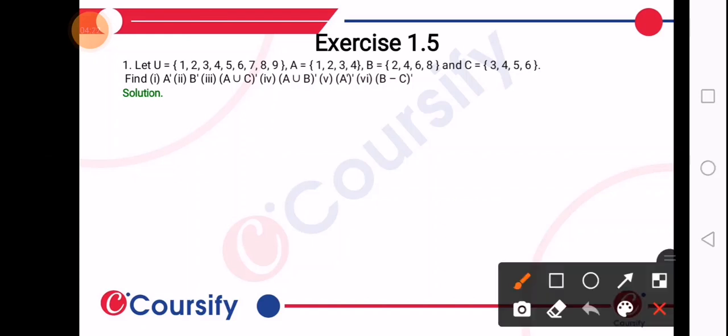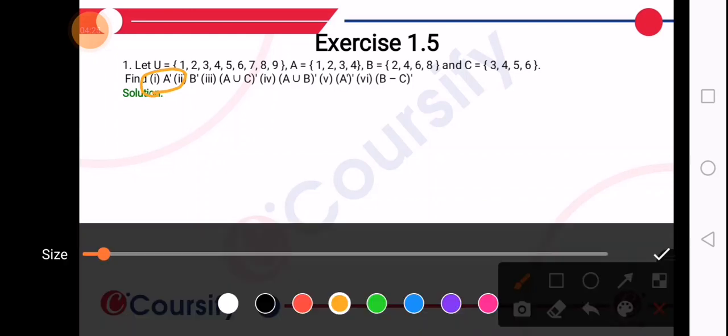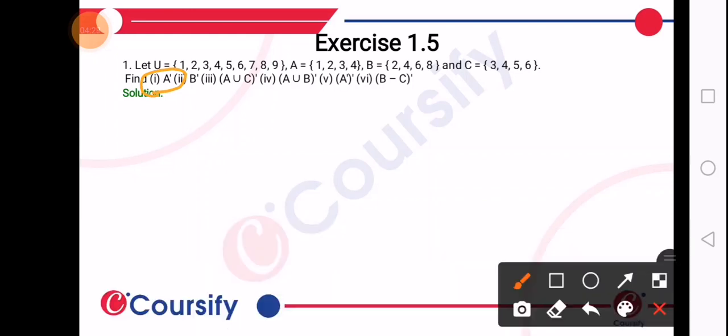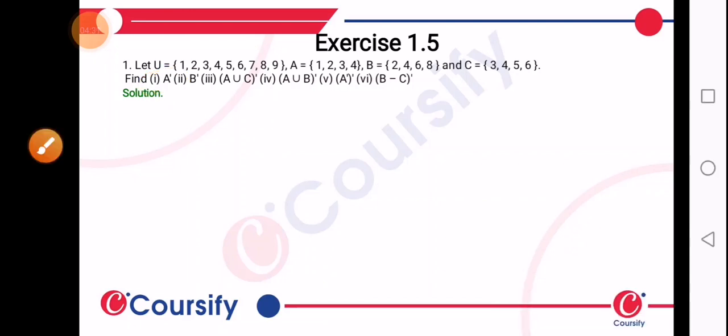We have currently solved the first question, that is the A complement. Let's take a look at the further questions.